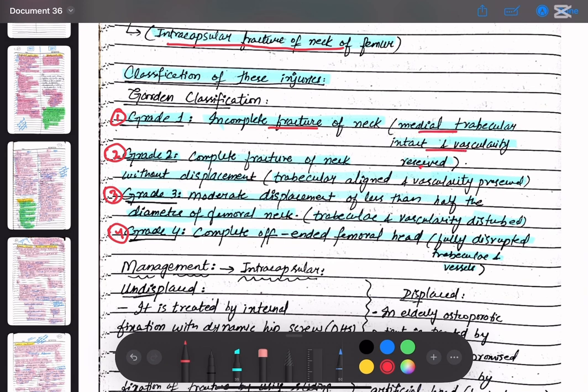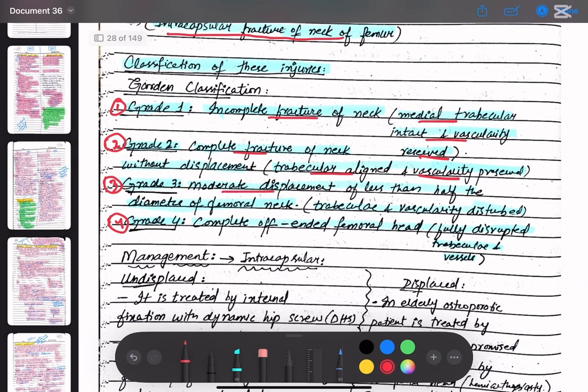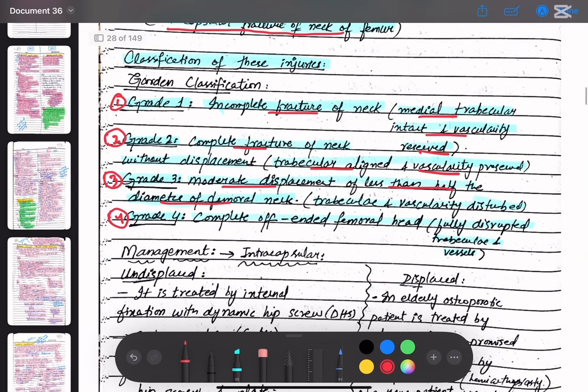In grade 2, we have complete fracture of the neck without displacement, trabeculae aligned and vascularity preserved. In grade 3, there is moderate displacement of less than half the diameter of the femoral neck. In grade 4, there is complete displacement of the femoral head, with fully disrupted trabeculae and vessels.